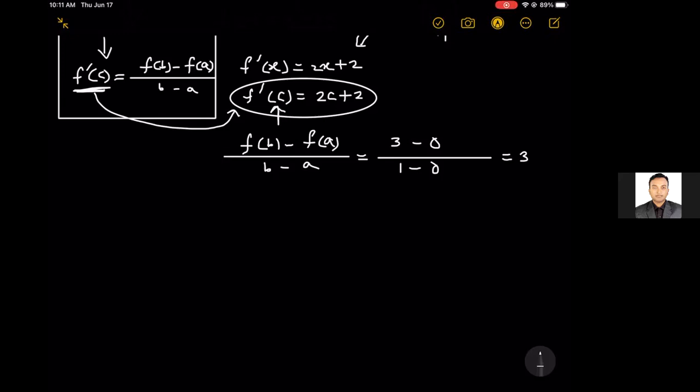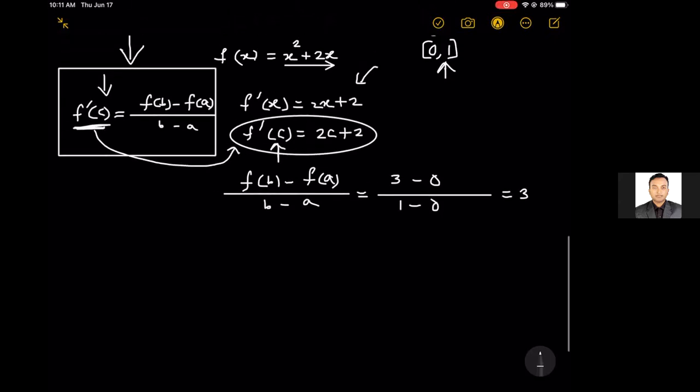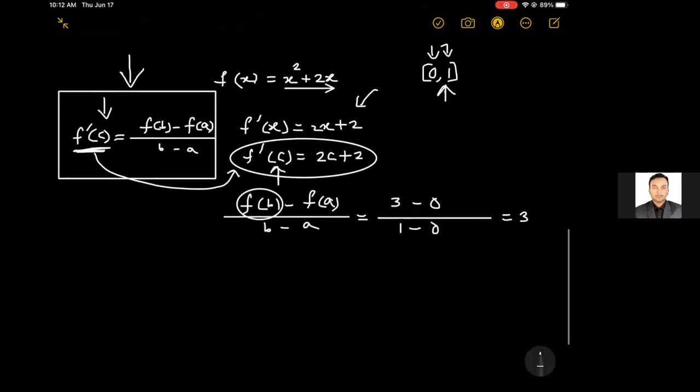Oh wait, sorry. How did you get 3? So what's your b here? For f of b, what's your b for this problem? Isn't it, well, x squared plus 2x plus 0, so wouldn't it be 2? No, your a and b come from here, the interval. Oh, yeah. The b is 1. So you just need to plug in 1 in place of the x's you have for f of b.